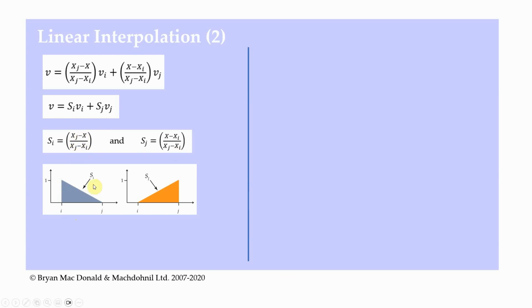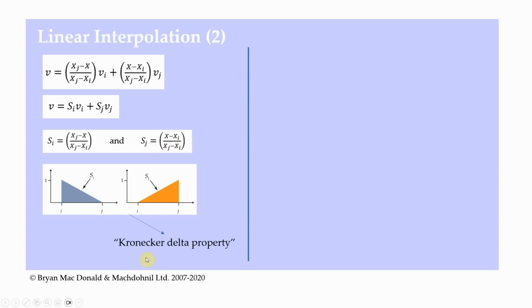If we put in a value of xj here, we get xj minus xj, which is 0. So the shape function varies from 1 at its own point down to 0 at the other point. The converse goes for j: it goes from 0 at point i to 1 at point j.